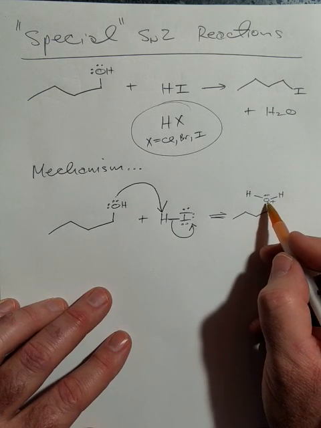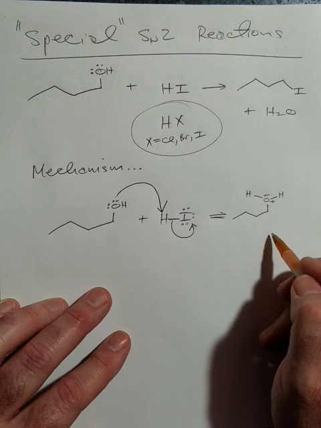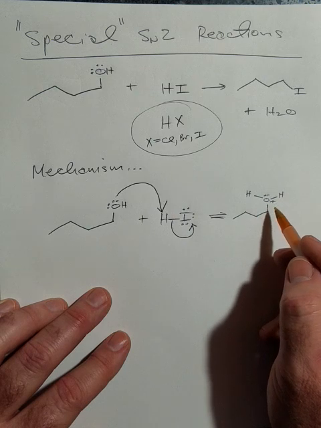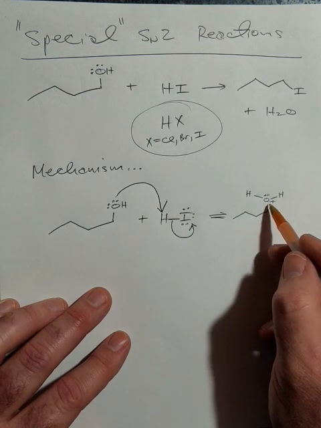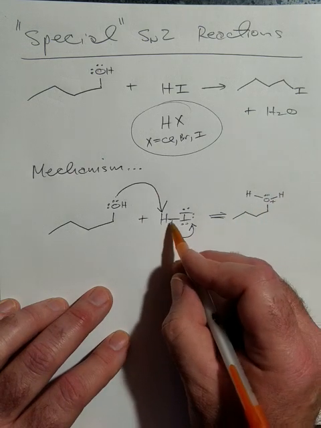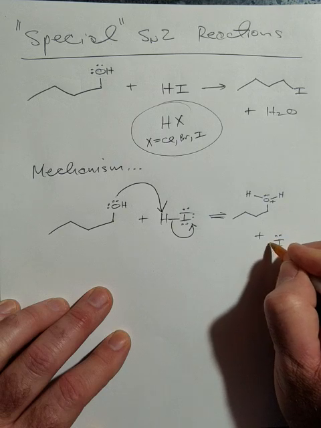Like all oxonium ions, this oxygen has 3 bonds and a lone pair. The oxygen formally owns a total of 5 electrons, should have 6 to be neutral, so it's got a positive charge. At the same moment we produce this oxonium ion, we also produce iodide anion.